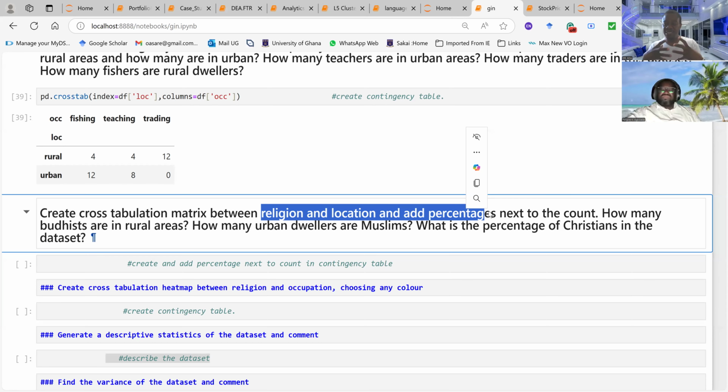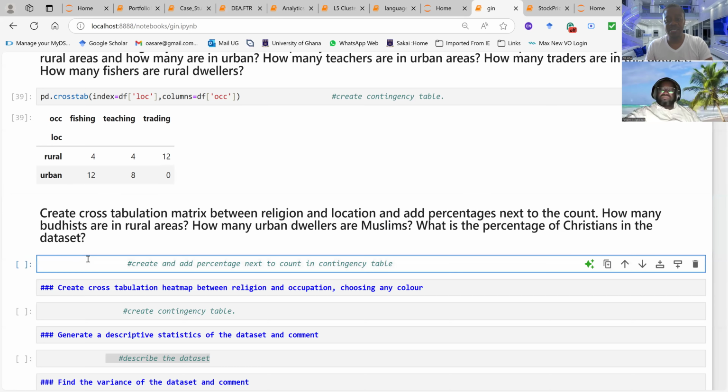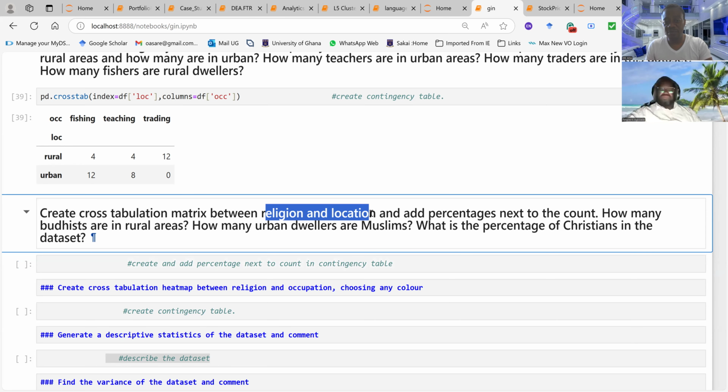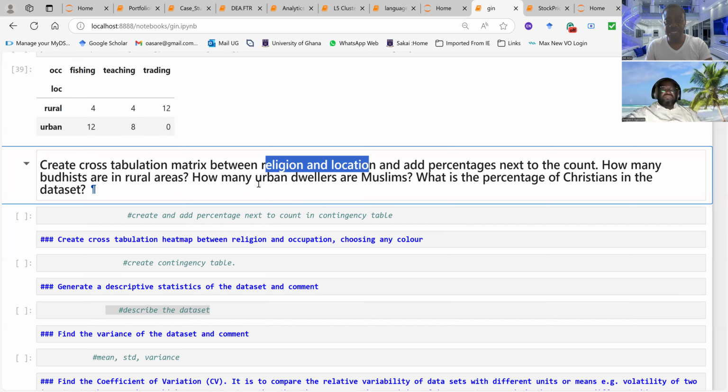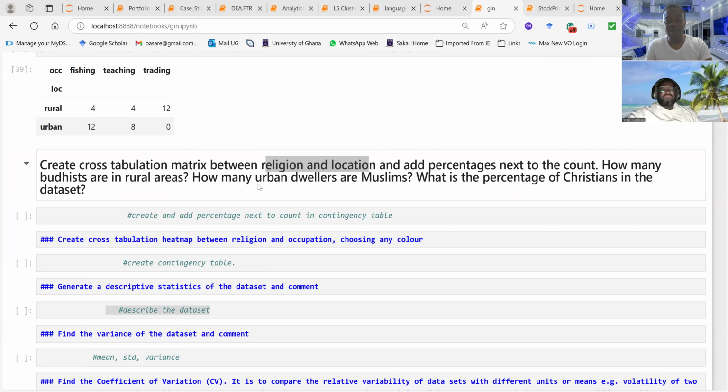So you can use percentages because there's a limit of percentage, which is 100. So how do you do it this time with percentages? Let's do that first before we also address the question. But you see, this time it's not about location and the other one. It's about religion and location, not occupation.